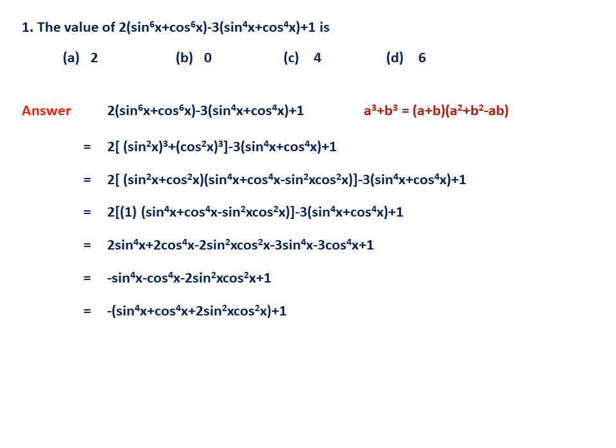Now if you take the minus sign outside from the first three terms, then it will be sin^4 x plus cos^4 x plus 2 sin square x cos square x, which is in the form (a plus b) whole square. Therefore you can write it as minus bracket (sin square x plus cos square x) whole square plus 1. Therefore it is definitely minus 1 plus 1, so it is 0. So this is the first question.